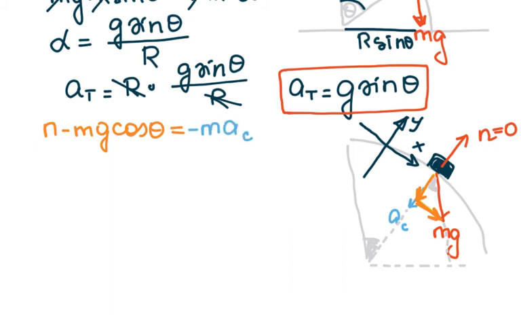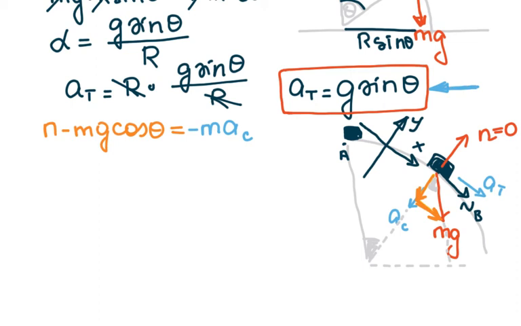I'm going to also write the x equation for the forces, and because the mass started with no velocity all the way on the top of the sphere, it now has that velocity that we calculated earlier, the velocity at B. So this was point A, this was point B, and we found that tangential velocity. So that means we do have tangential acceleration, the one that we just calculated, the formula for tangential acceleration.